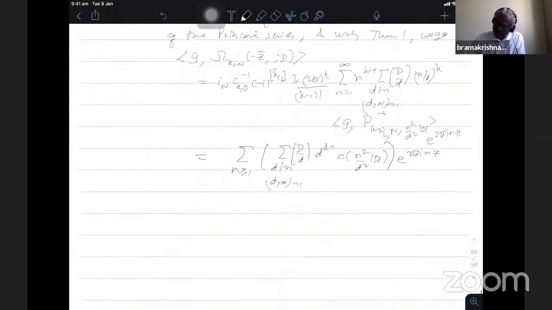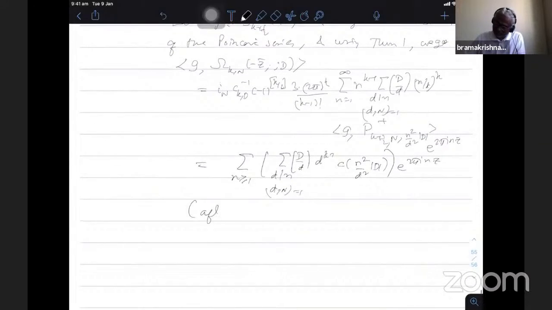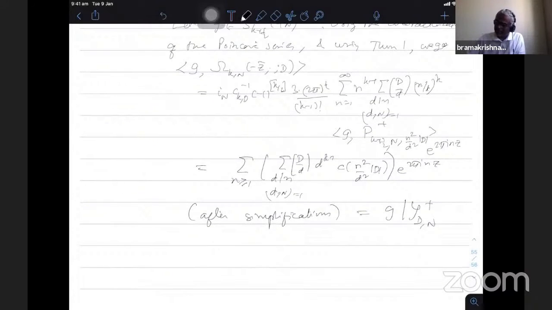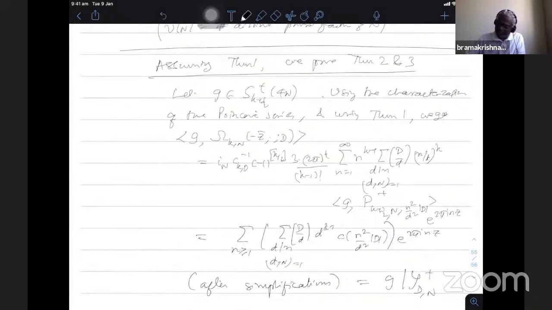So after simplifications, this is exactly G bar S_{k,D,N} plus. Okay, so that is exactly the definition of S_{k,D,N}. Whatever the notation I gave, I have to put the k also, S_{k,D,N} plus. So therefore, the first statement is very straightforward.